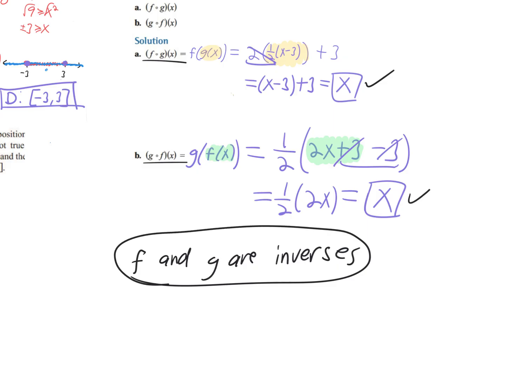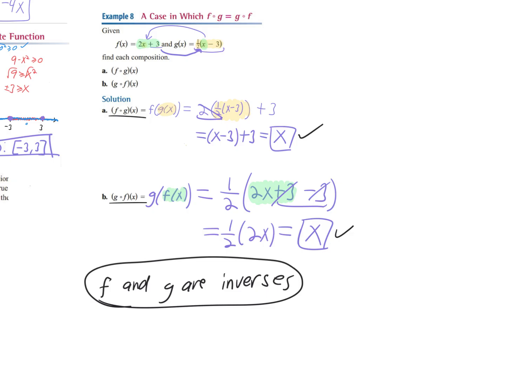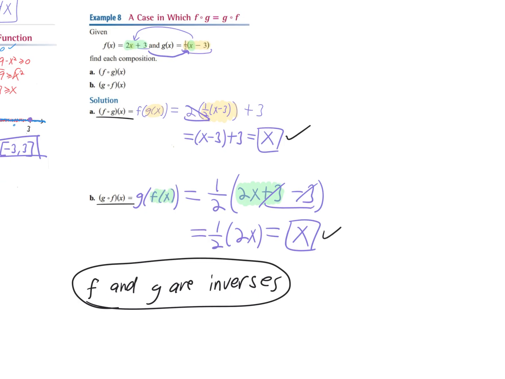You don't quite need to know that definition right now, but for the sake of tomorrow, we are going to do the same process, and it is going to show something like this. We're going to show the work like that. If you get x in one and x in the other, then you get that they're inverses.